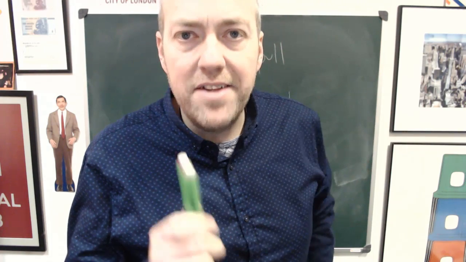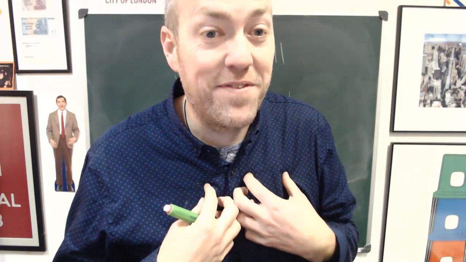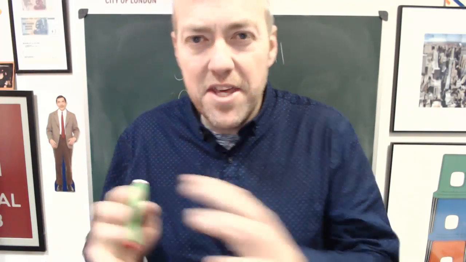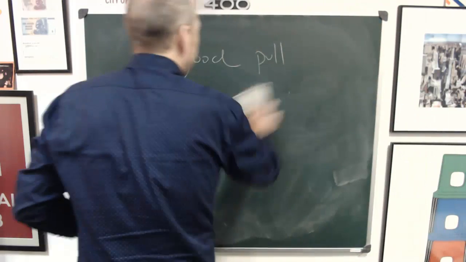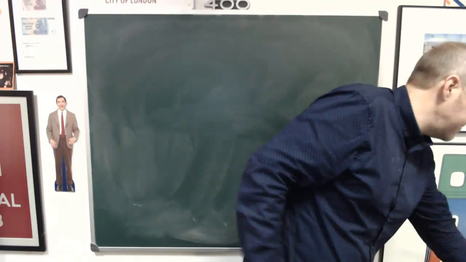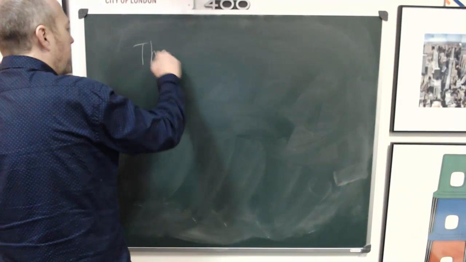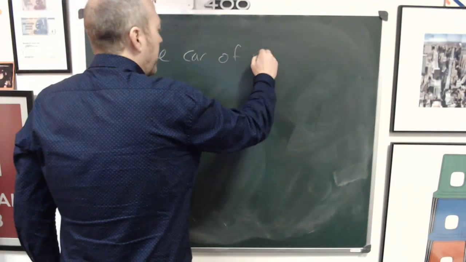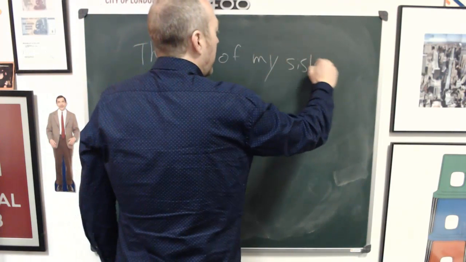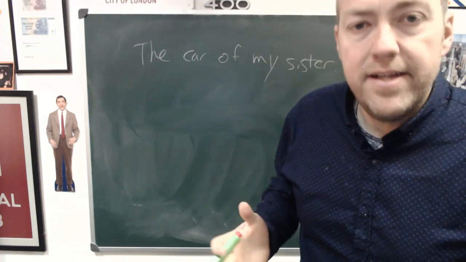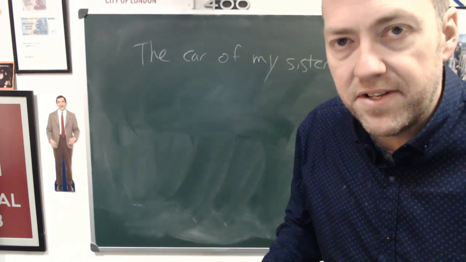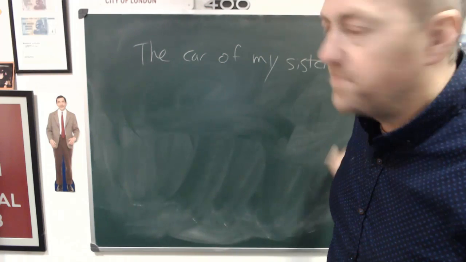Okay, so Nelson has a fantastic question about the genitive case in English. The possession, the apostrophe. I know that it seems complicated, but really it's easy, I promise. Here is an example sentence: the car of my sister.